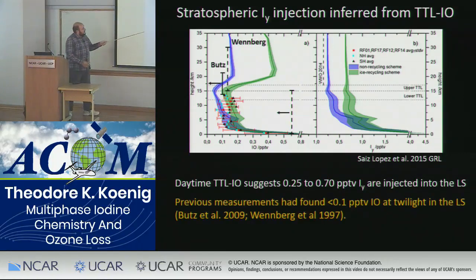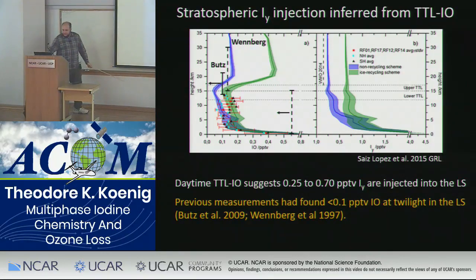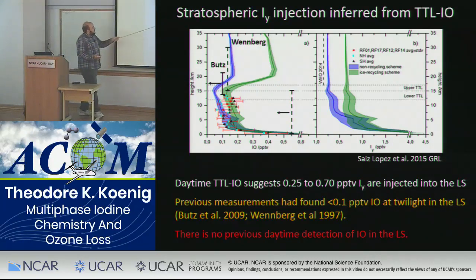I can add another number here, which is the Boots, the most recent balloon profile, and they give us a slightly lower upper limit in the lower stratosphere. So the result here is that there's no previous detection. All we have are these low upper limits, which appear to be incompatible with the upper tropospheric measurements we have.